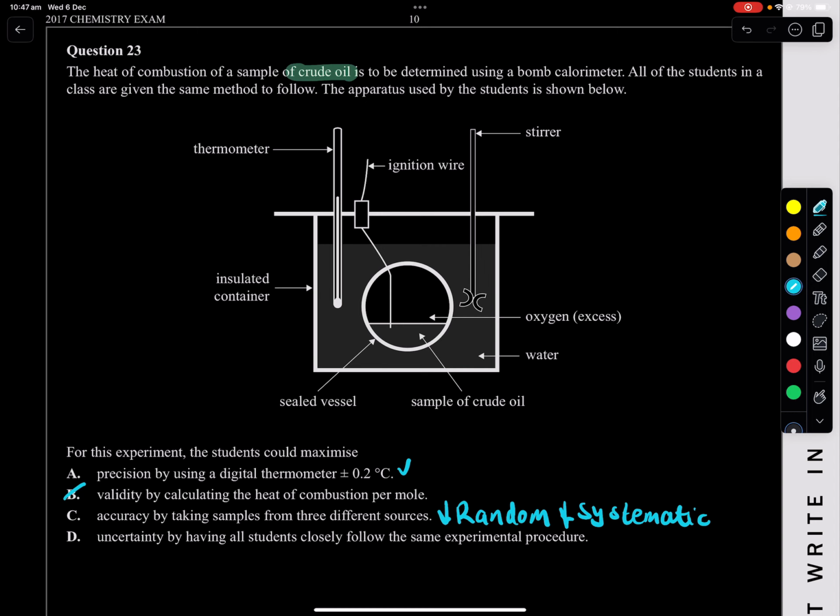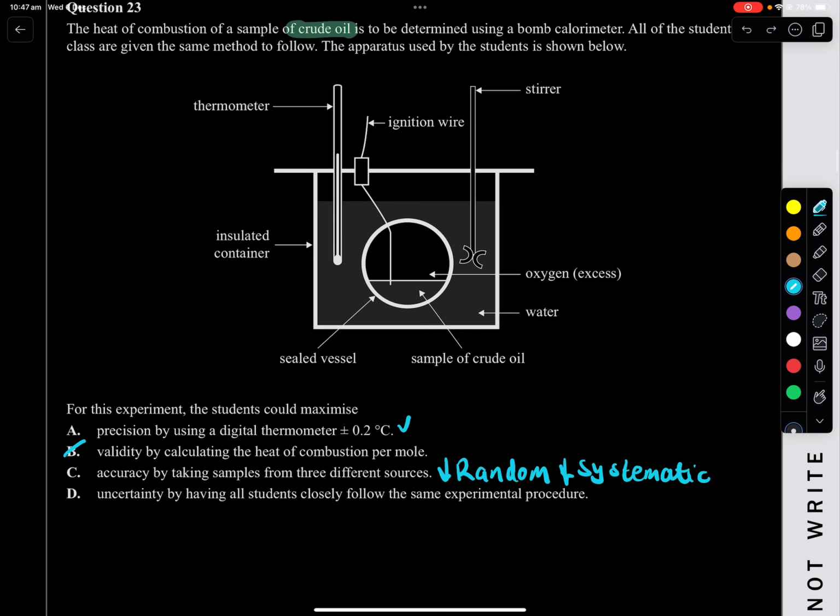But if you're taking 3 different sources, the crude oils are all different, so you're increasing the likelihood of random error. Remember, if we wanted to maximize accuracy, we wanted to decrease random error. But here, using 3 different sources from other places, we are actually minimizing the accuracy.